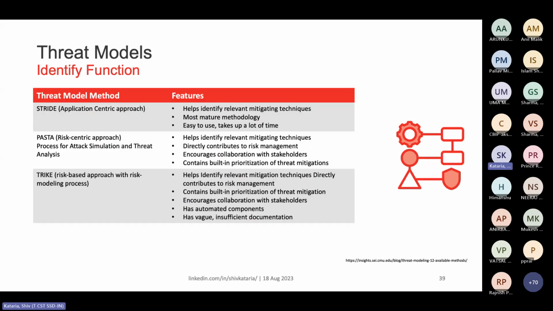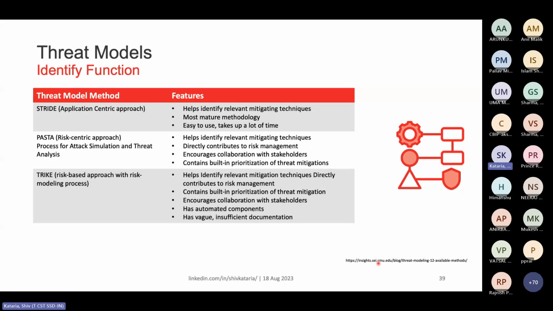There are different methods available. Carnegie Mellon University has listed 12 different methods, but the three methods that are highly used for threat modeling start with the STRIDE model from Microsoft. The feature of this model is that it's pretty easy to use, and it helps in identifying the different mitigation techniques that could be useful to us. It's the most mature technique, and its drawback is that it might take a lot of time.